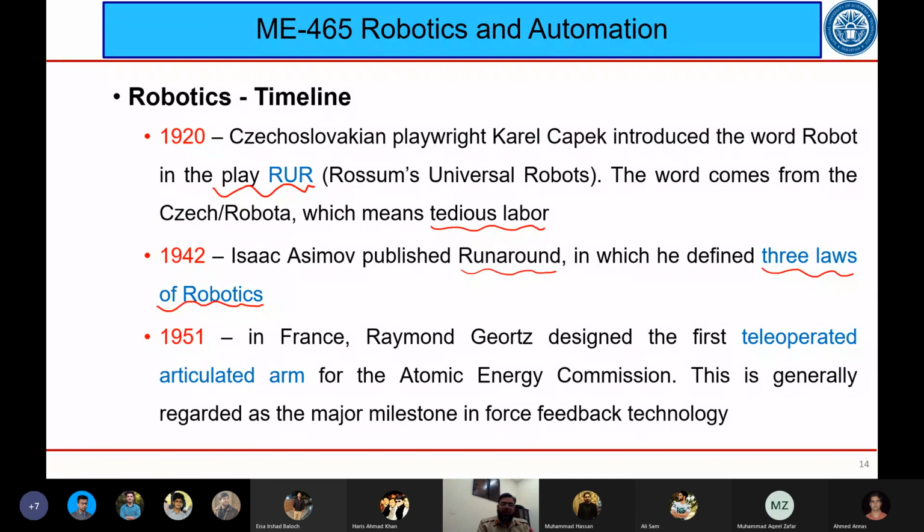We will discuss those also. Just to give you an idea. Sir, is it that they must not harm any human? Yes, absolutely, we will get to that, I'll show you.